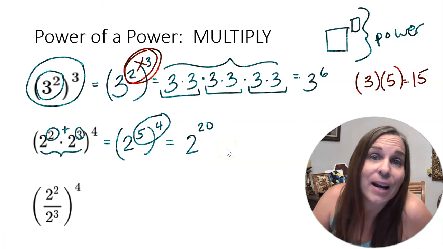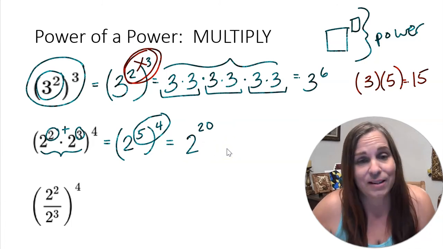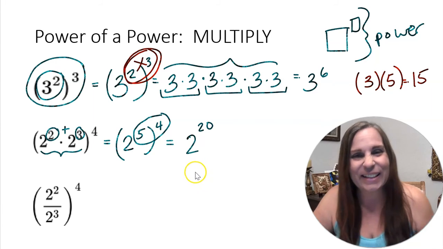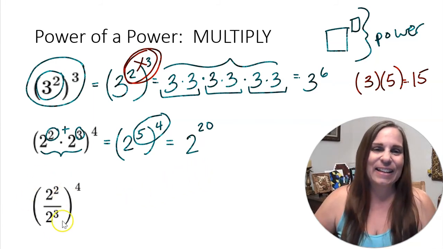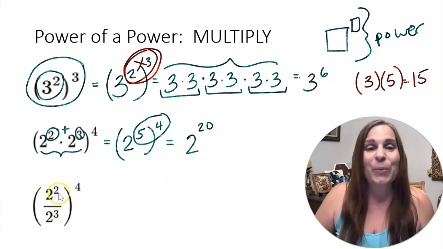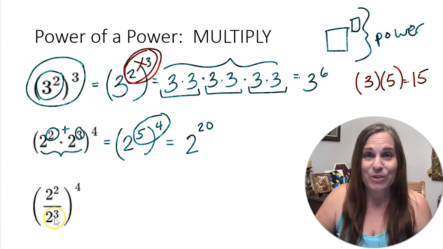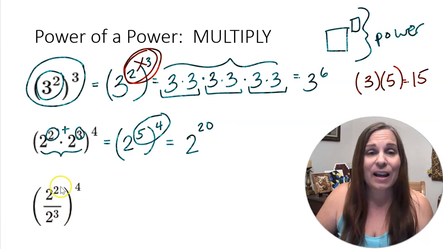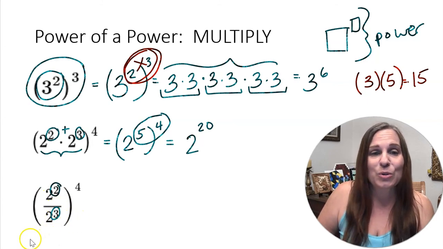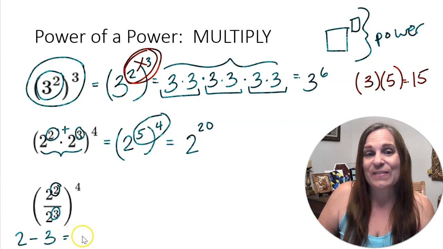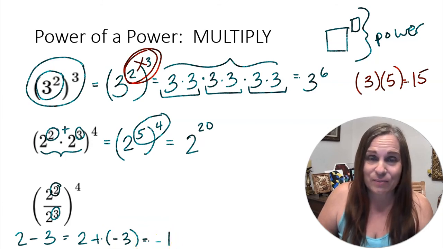And I'm glad I didn't have to write that one out in expanded form. All right, and let's take a look at this last one. When I divide powers with the same base, I have to subtract. So 2 minus 3 is the same thing as 2 plus a negative 3, right, which is -1.